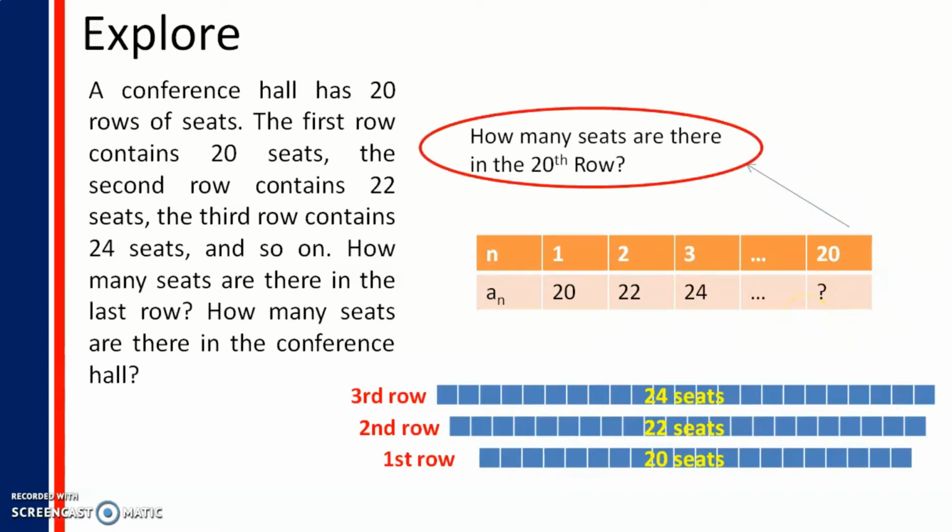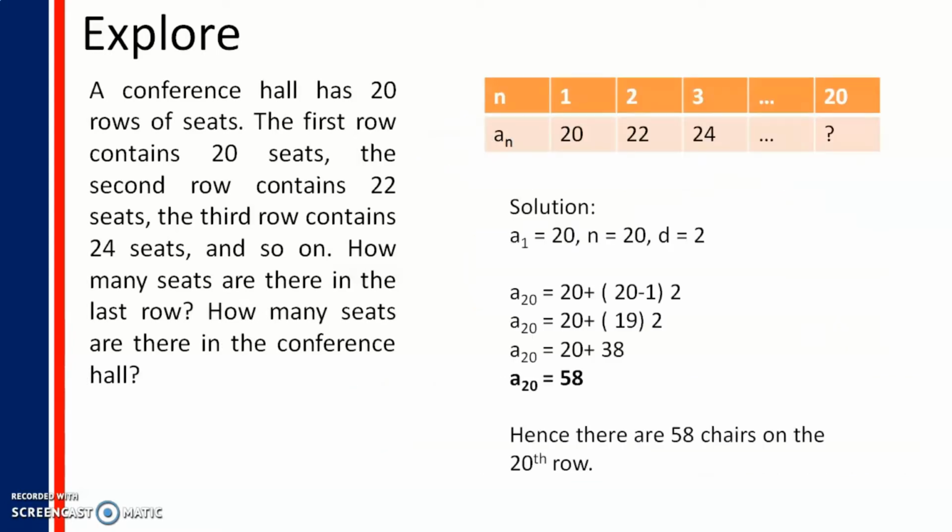We are looking for the number of seats on the 20th row. So what are we going to do? We are just going to use the formula for our arithmetic sequence. We have the values for a sub 1, the value for n, and our common difference.